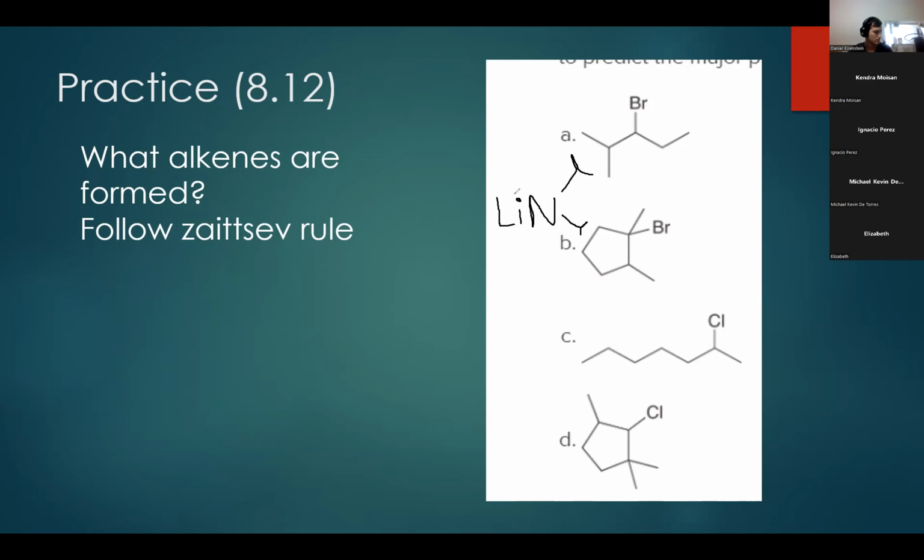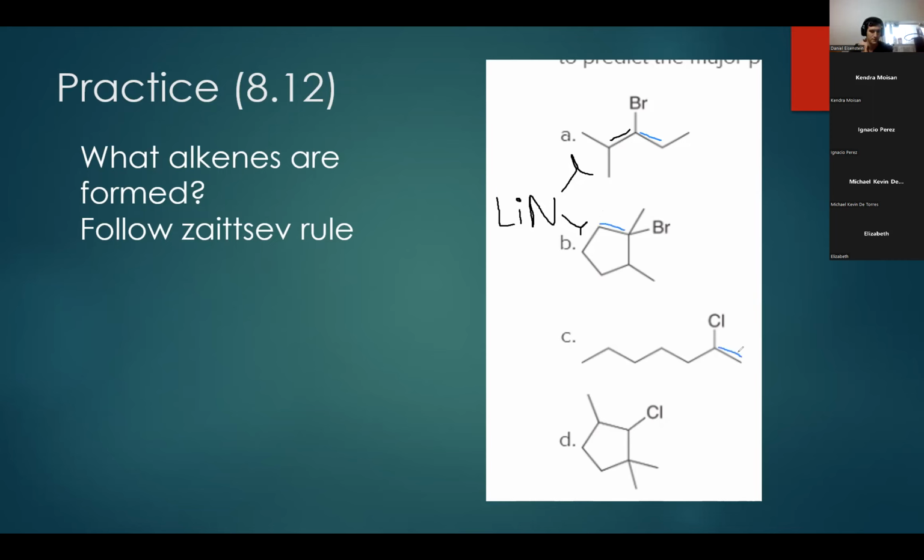No, just A. So black or blue? Remember, we're talking about the Hofmann product. Great, it's going to be blue. For the other answers, yes, it is for the Hofmann.